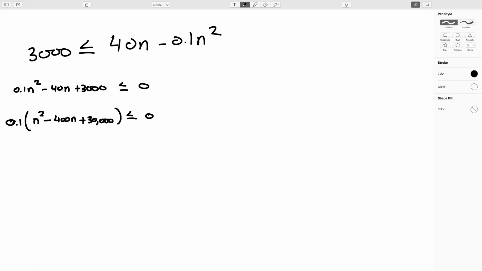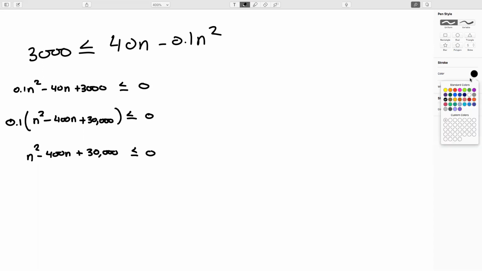And now technically we can kind of get rid of this 0.1 because 0 is on the other side, and if you divide 0 by anything, it's still 0. So we actually can have the equation n squared minus 400n plus 30,000 is less than or equal to 0. Now, I'm going to just change this to an equal sign because now we can go about factoring it. So n squared minus 400n plus 30,000 equals 0.